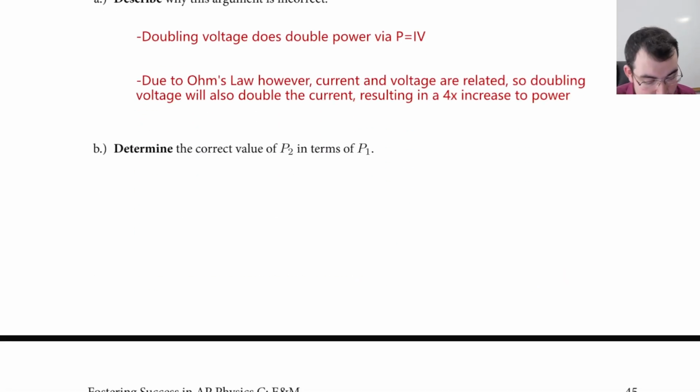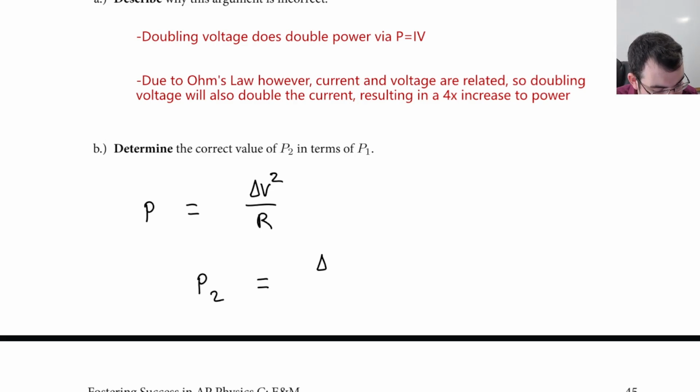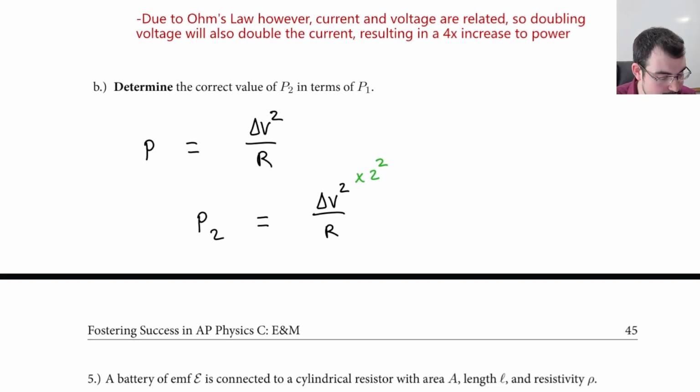So we know that power can be written as delta V squared over R. My new power can be found by squaring my doubled voltage. So my power goes up by 2 squared in the numerator, and it's the same resistance, so nothing changes there. So this tells us that P2 is 4 times P1.